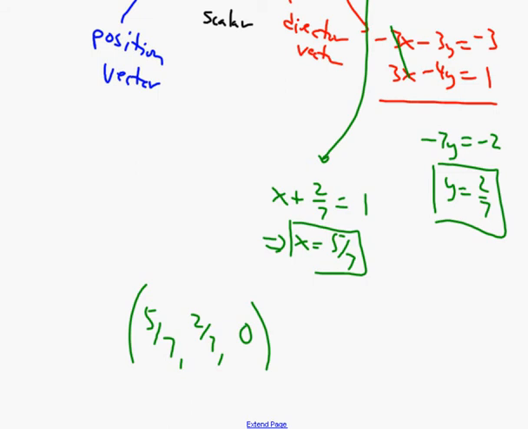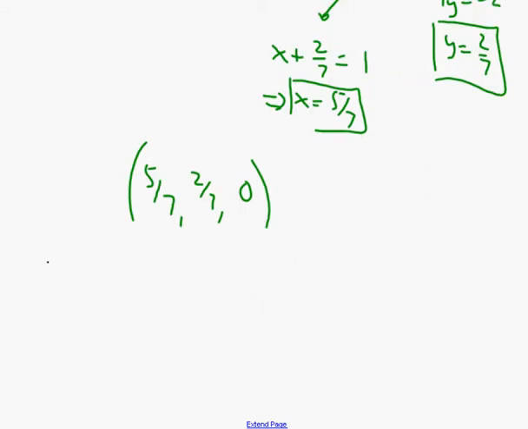Now, if you want, you could temporarily just verify that this works. Let's recall, plane 1 has the equation x plus y plus z equals 1. Well, 5 sevenths plus 2 sevenths plus 0 equals 1. So there we go, that works.